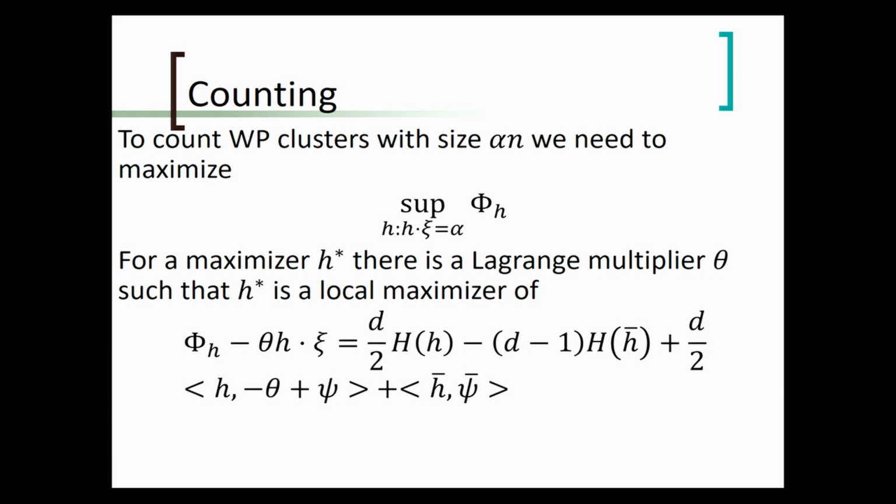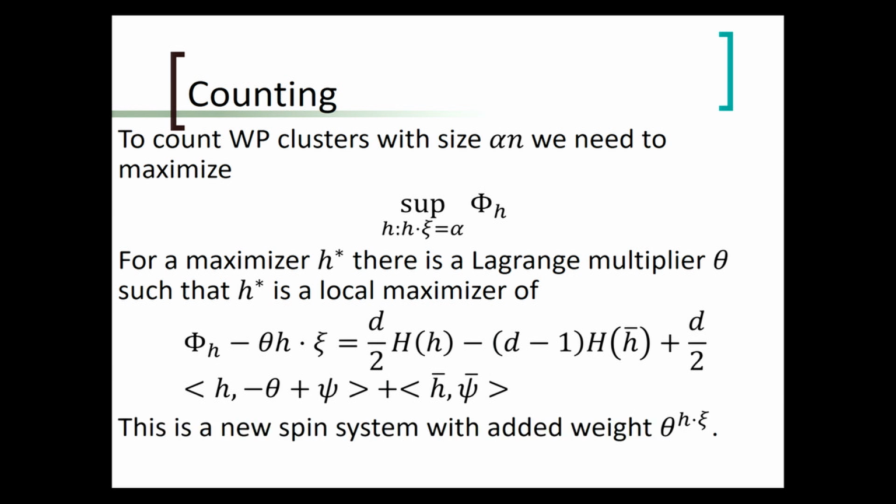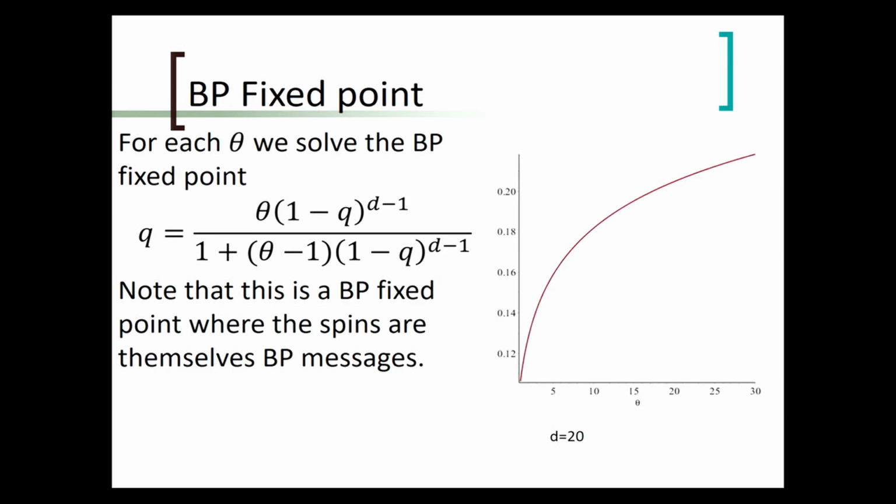Well, the function phi gets modified by adding in this theta term in the interaction here. And basically the effect is we've created a new spin system where the configurations are weighted. And so the weight is basically theta to the power of the size of the independent set. Okay? So we now have these weighted spin systems.